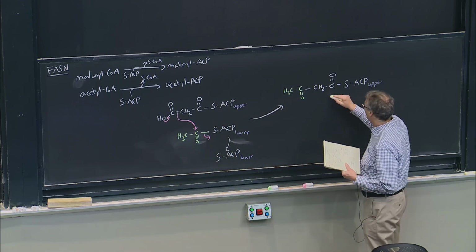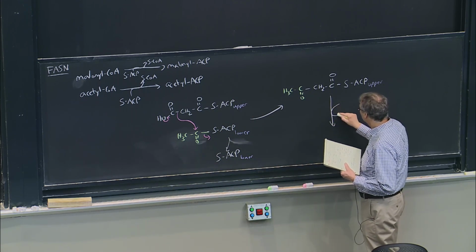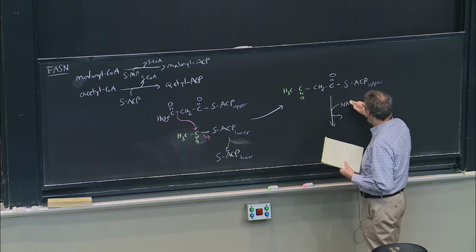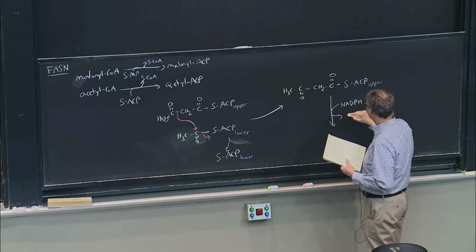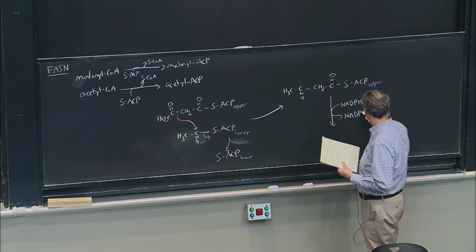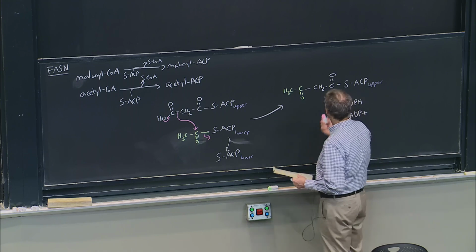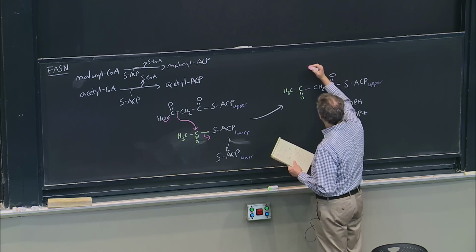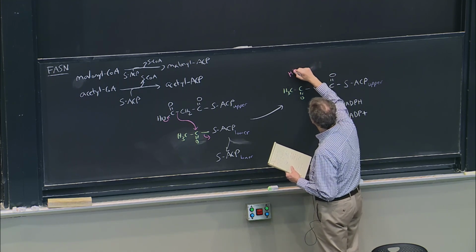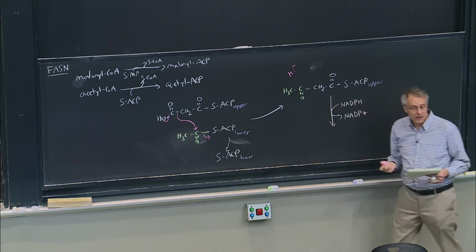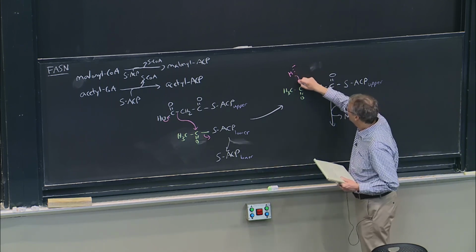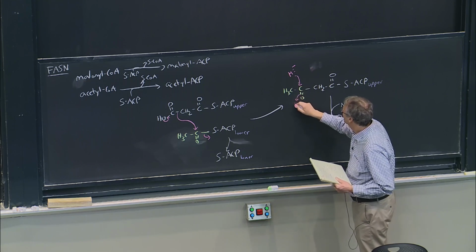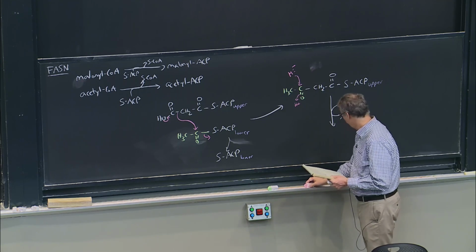And so how do we reduce it? We've now seen this many, many times. If we use NADPH as an electron donor, oxidizing it to NADP+, that generates this hydride ion electron carrier. Okay.